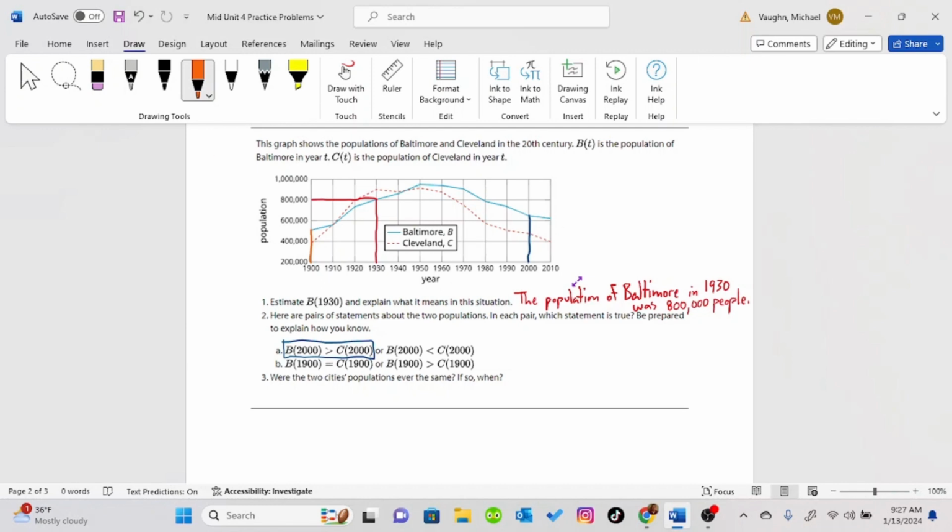The true statement is that B of 1900 is greater than C of 1900 because the solid line for Baltimore has a higher y value than the dashed line for Cleveland.